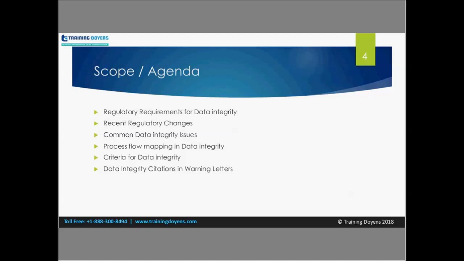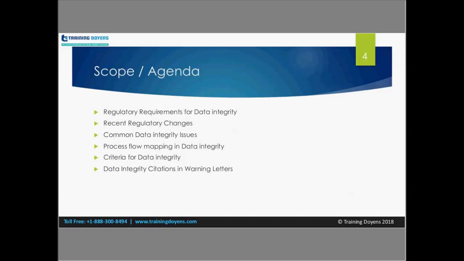We'll go through the scope and agenda for today's training. First and foremost, we'll go over some regulatory requirements related to data integrity. We'll also go through some common data integrity issues. Just a word to the wise, this webinar is focused on data integrity for the laboratory and manufacturing operations areas.